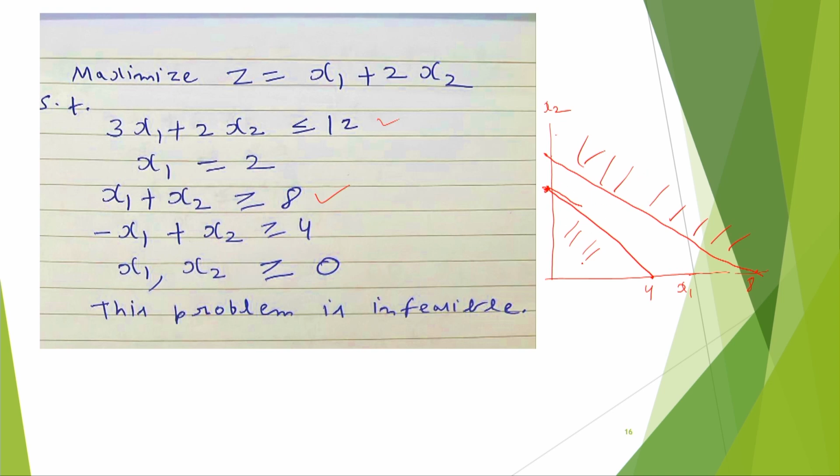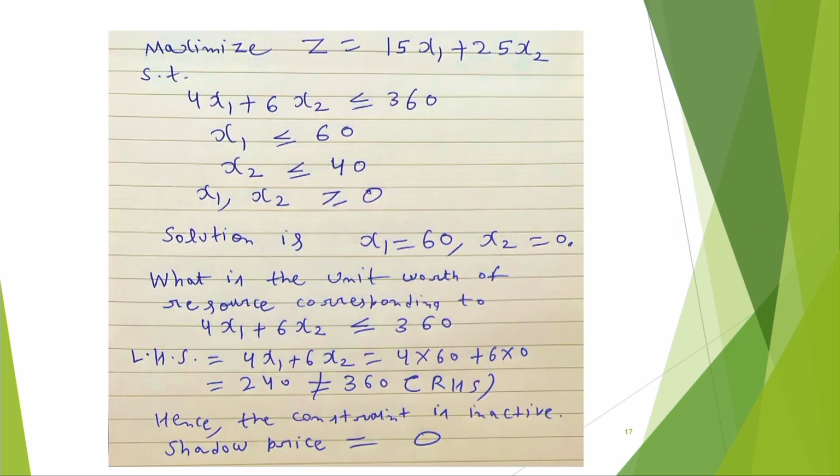That is why this is an infeasible problem, but you can solve it by the simplex method also. When you solve with the simplex method, you will find that you will not get finally any basic feasible solution. That type of situation will come, so you will come to know that it is infeasible.